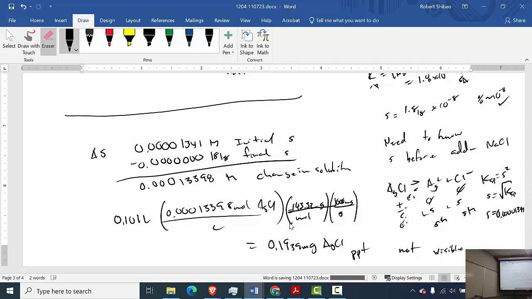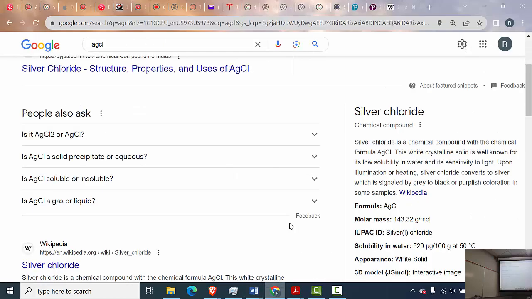All right, so that's a problem of the common ion effect. Now, whether it's visible or not visible, the next section deals with what we call criteria for precipitation from solution. And so I'm not going to worry, is it visible or not?